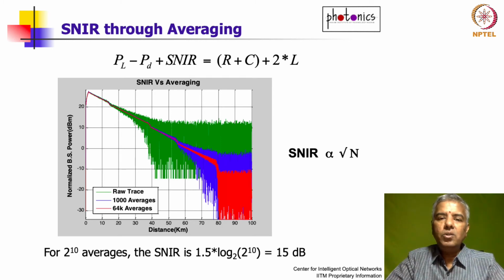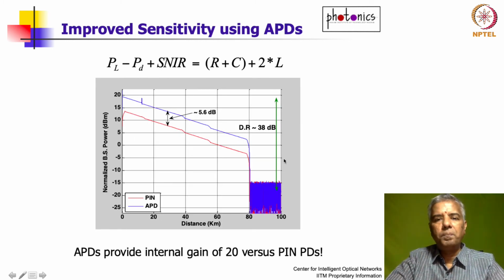Now the other thing you could do is also try to use an avalanche photodiode to improve your signal. Essentially, something that we will look at in more detail is that a PIN based receiver, especially when you're considering an OTDR application, is typically limited by a noise called thermal noise in the receiver.